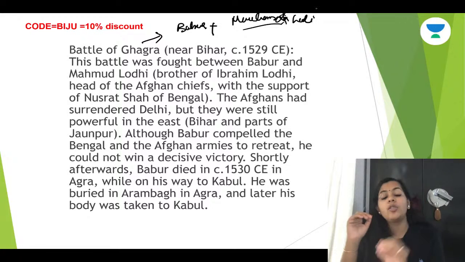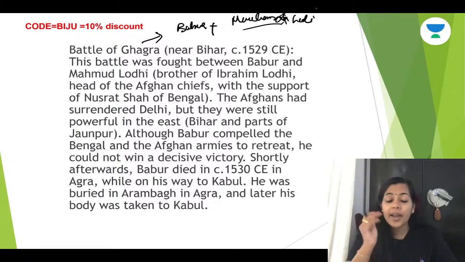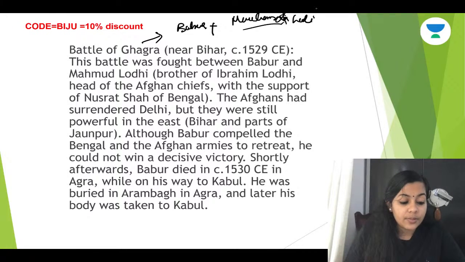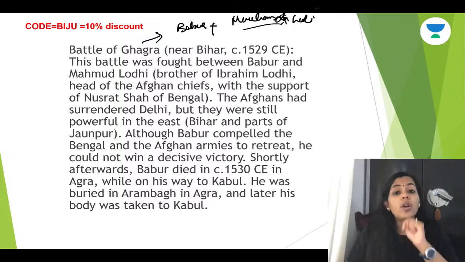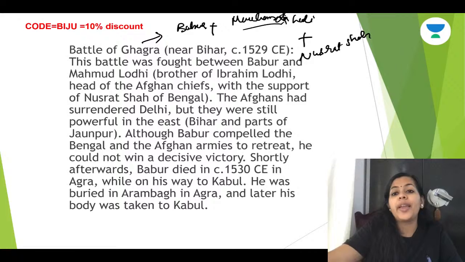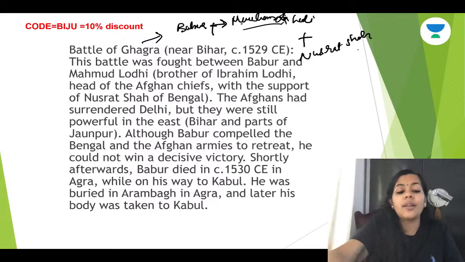And this decision led to another battle, the Battle of Gagra. It was fought between Babur and Muhammad Lodi, plus one more king, Sultan Nusrat Shah of Bengal.